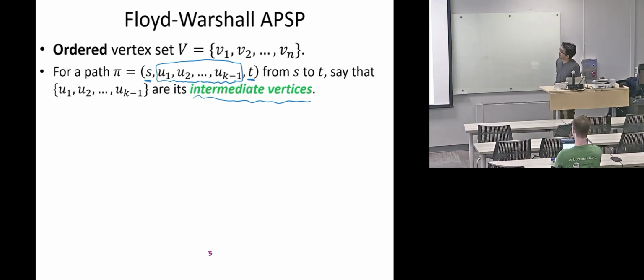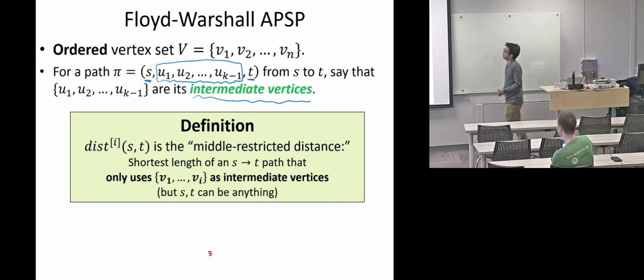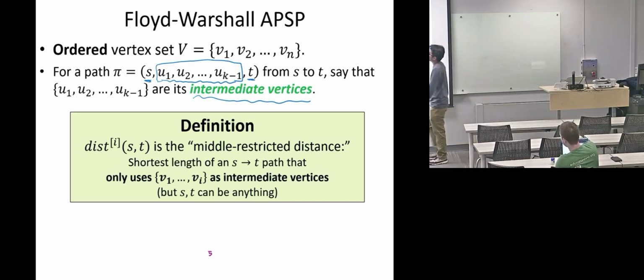Now there is a really key definition for Floyd-Warshall. Let me call it the distance from S to T, bracket I. I'm using different notation. This is the distance from S to T where I restrict the inner vertices to be from some set.